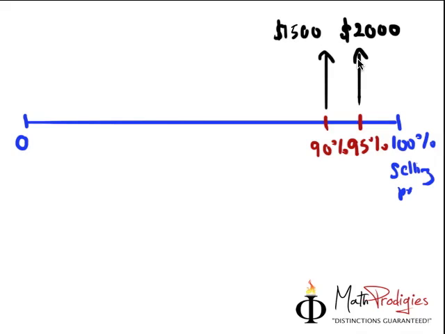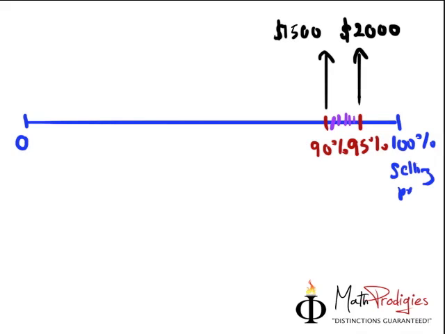So can you start seeing the pattern already? Can you see what I'm trying to point out? Can you see that this area over here is 5%? And this 5% is the same as $2,000 minus $1,500.